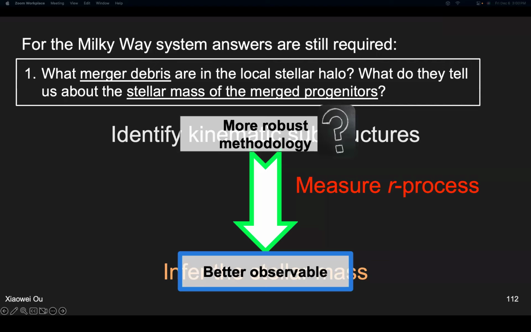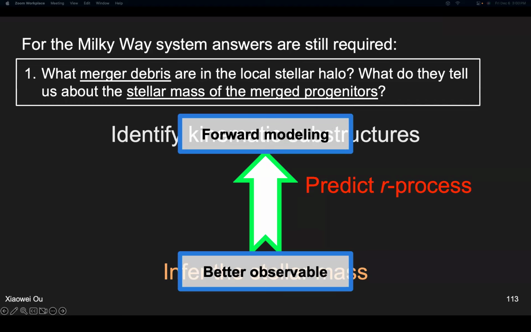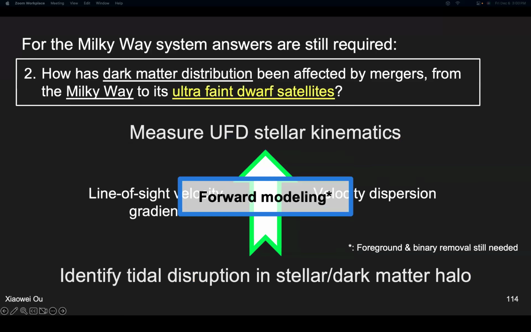We can take the same methodology and go back to, for example, this case where instead of going in this one direction, we flip the arrow and use the synthetic survey to predict what the r-process enrichment should look like, bypassing the need to dissect the samples into in situ versus accreted versus certain merger events, and just model everything together to compare the distributions.